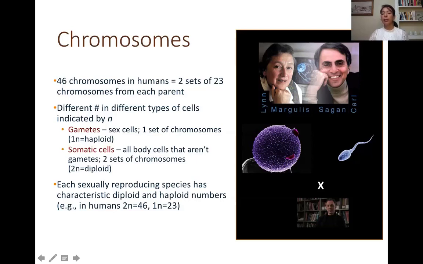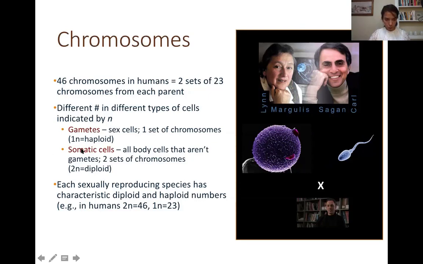So they had an egg with 23 chromosomes and a sperm with 23 chromosomes. Now, these are the gametes, and they have 1 set of chromosomes. And when we have 1 set of chromosomes, we call this a haploid cell, and we notate it as 1N to say that that's 1 set.